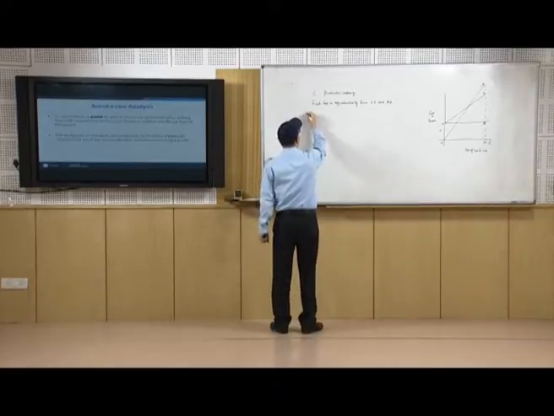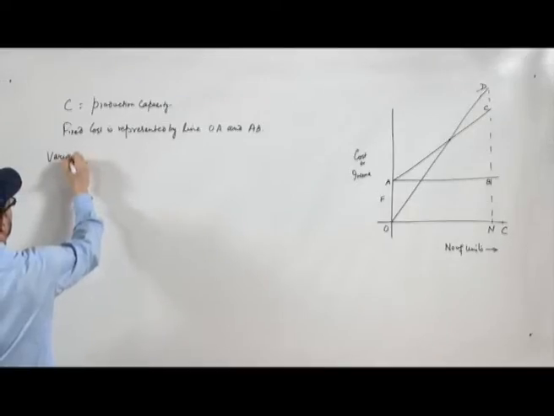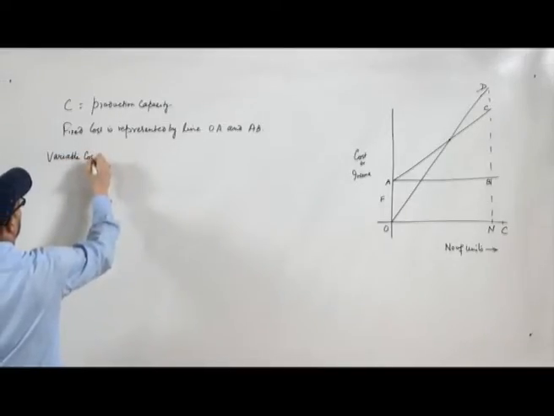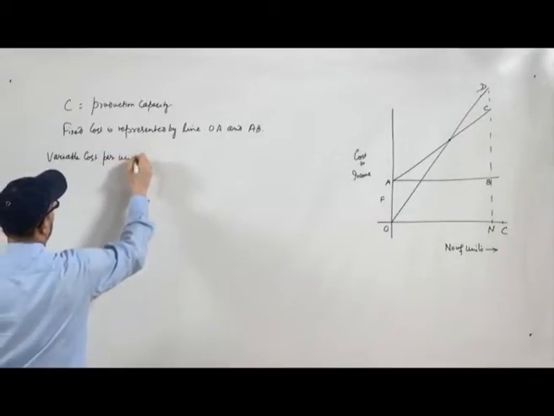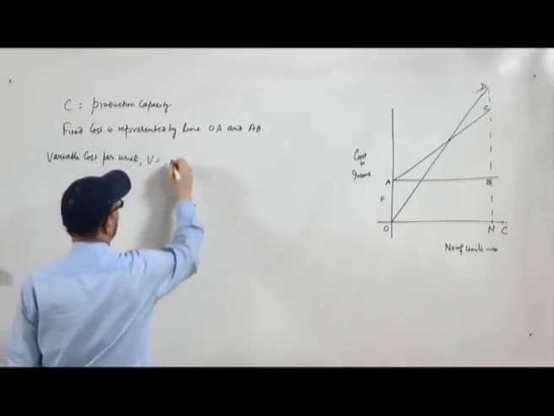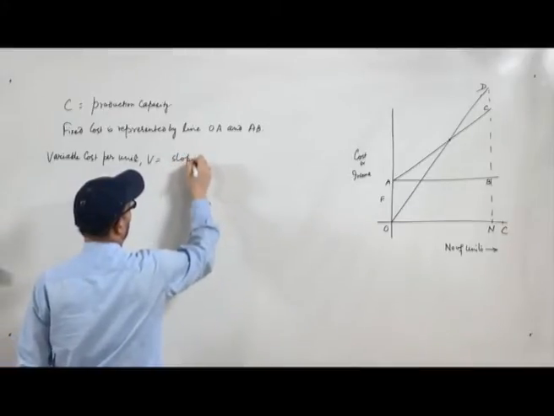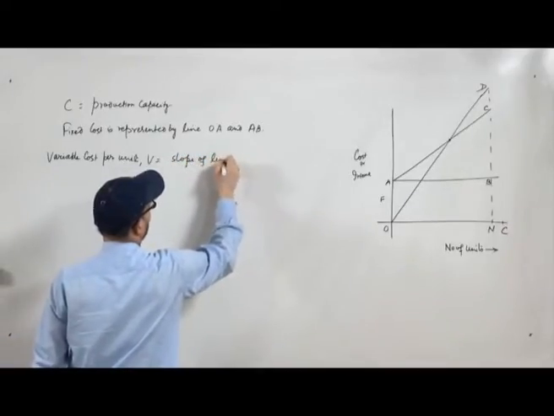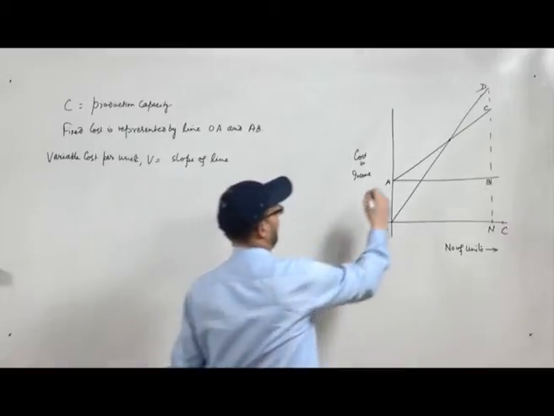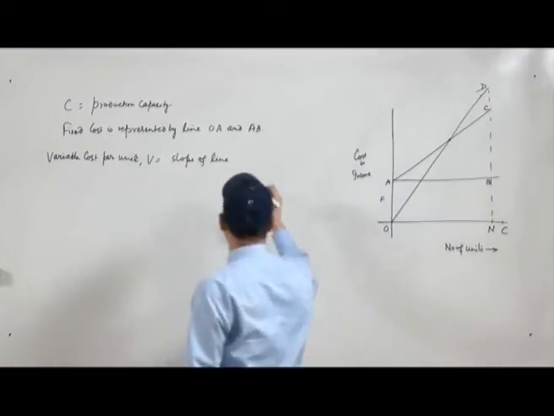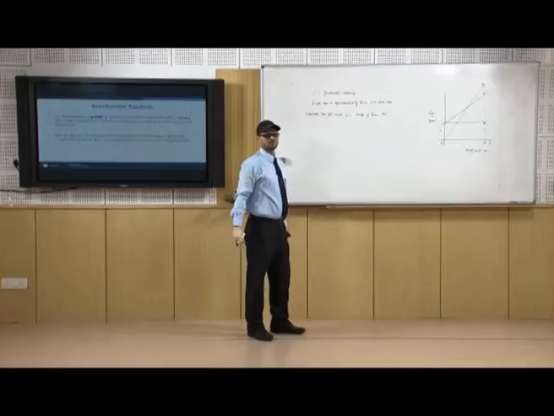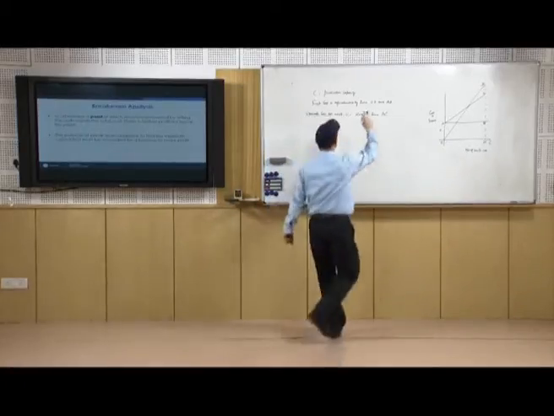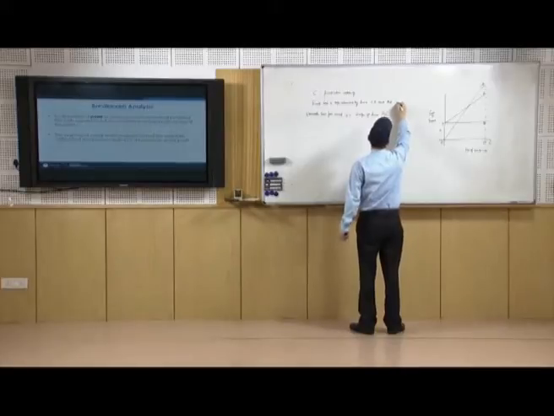So, the variable cost per unit, that is V, is nothing but the slope of line AC. Now, the fixed cost we are representing as F.